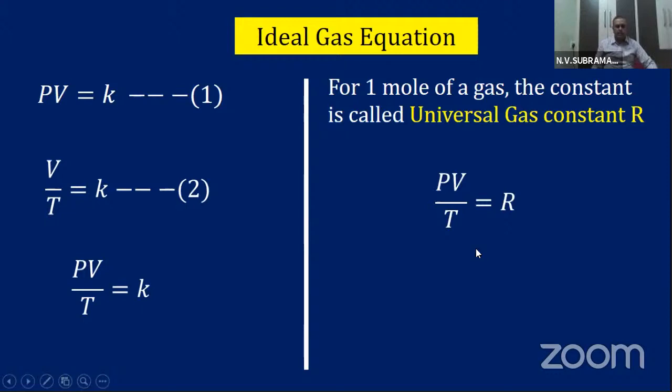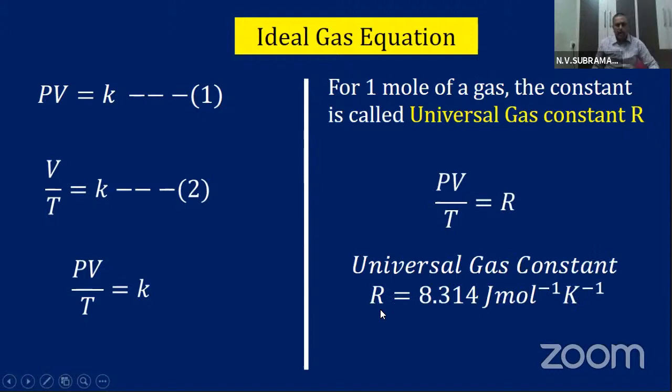Capital R. So this K is known as the universal gas constant, capital R, for 1 mole of gas. And you know that for 1 mole of gas, if you substitute the pressure, volume, and temperature values at STP conditions, then you will get the R value as a universal constant. R is 8.314 joule mole inverse Kelvin inverse.